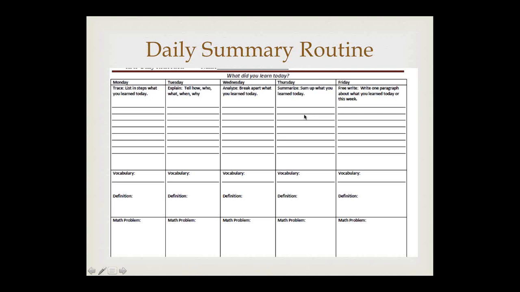All right, so this is a daily summary routine that one of Tracy's teachers uses. We're going to talk for the next few minutes about academic routines, things that help you build structure and routines and procedures, but at the same time are contributing to academic work and academic achievement.